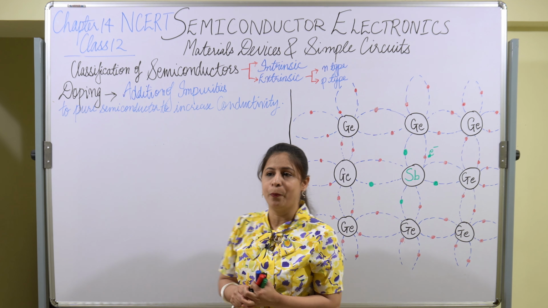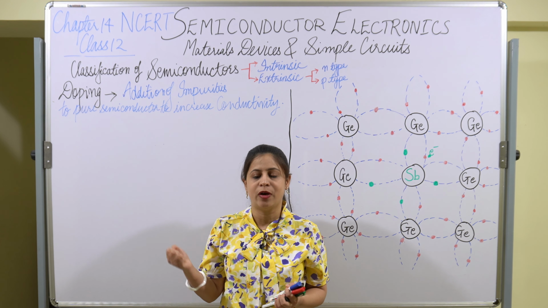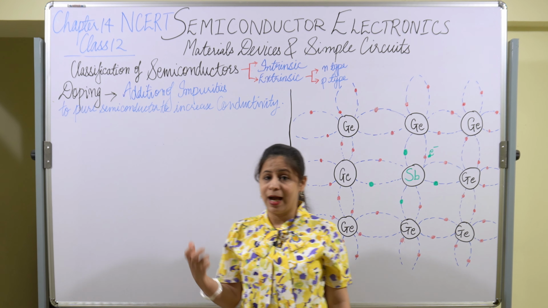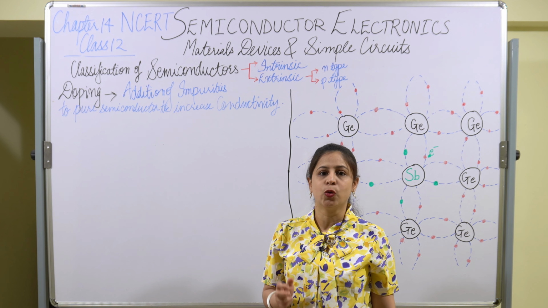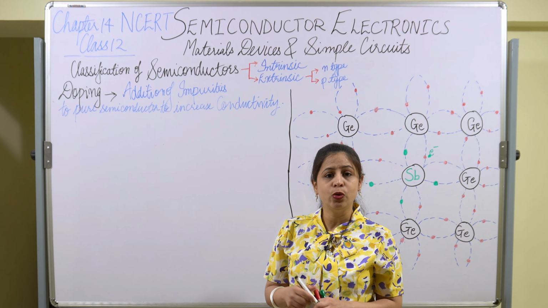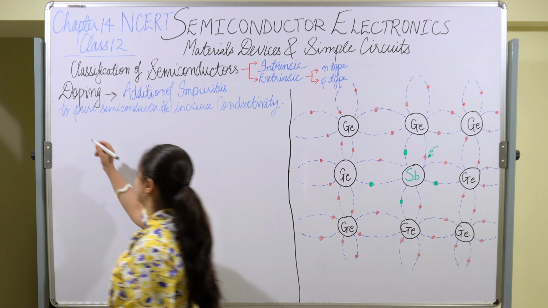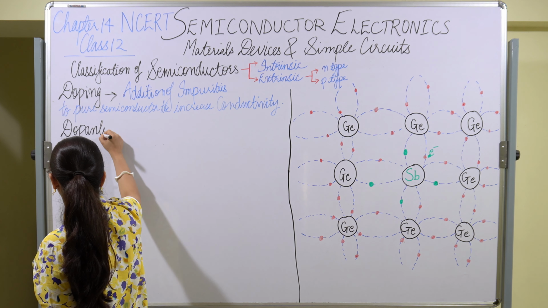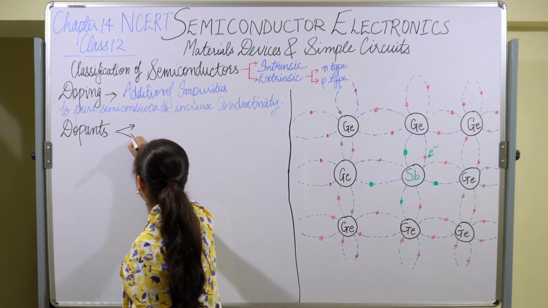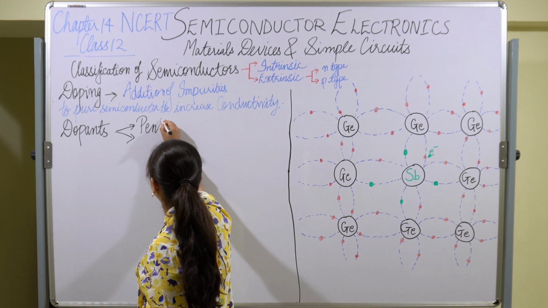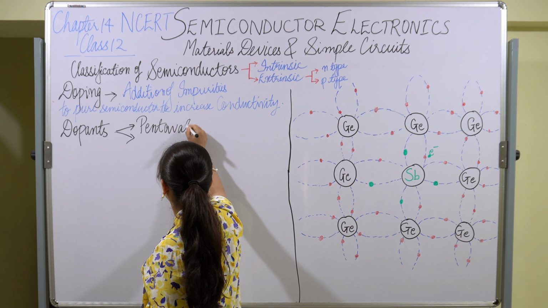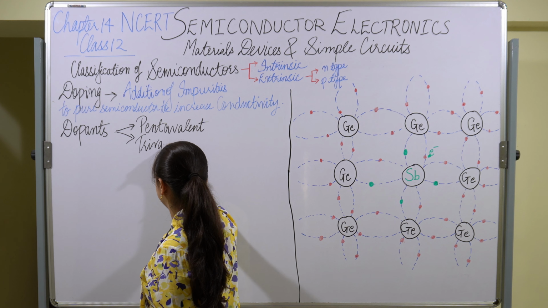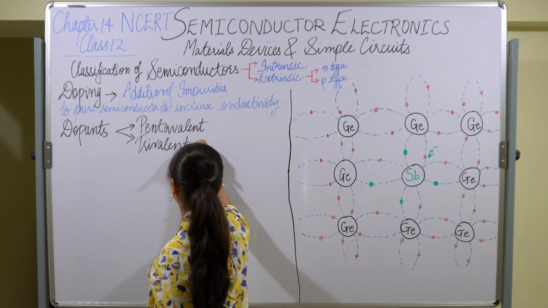Now there are two types of dopants, the materials, the impurities which we are adding deliberately in the pure crystal to increase the conductivity, that are known as the dopants. The first type are the pentavalent dopants, and the second one are the trivalent dopants.